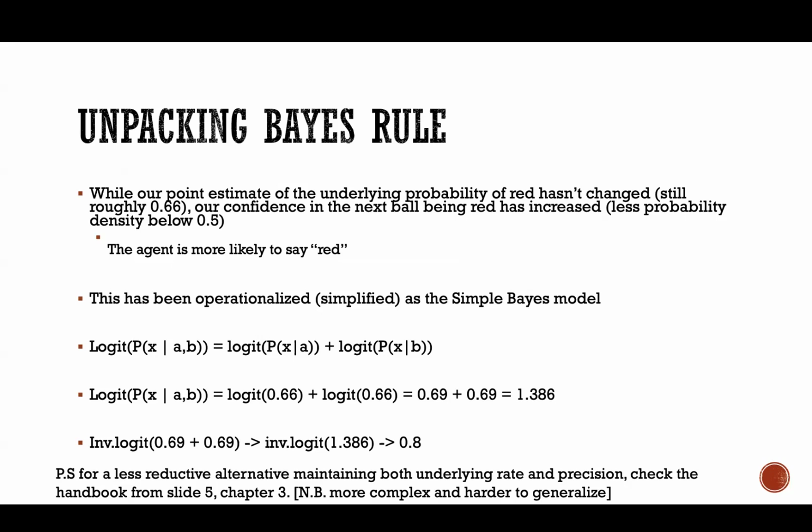So the simple Bayes model is conflating our estimate of the underlying occurrence of red and our confidence in that. Does that make sense? Good. Because that's one of the things that, at least as I've been teaching these Bayesian models of cognition, usually trips people.